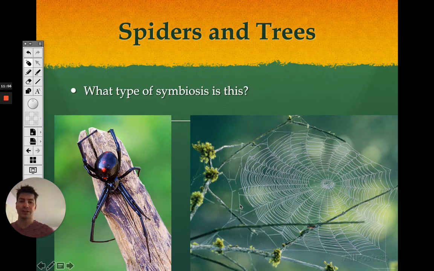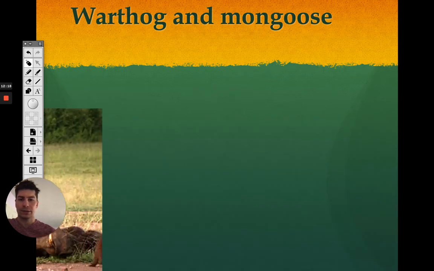You can also think of this, now most of the time the spiders are going to be getting flies flying in, but if it's getting insects on the tree, that actually could be mutualism, because maybe those insects are harming the tree. But more than likely, guys, this is commensalism. The spider gets the web in the tree and the tree really isn't harmed.